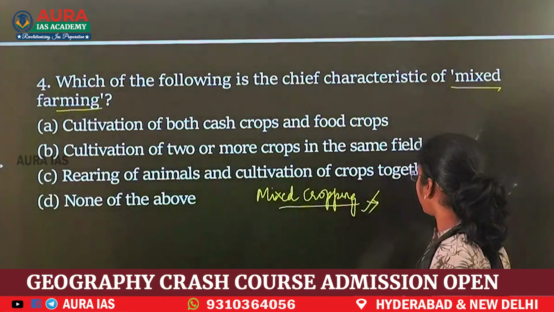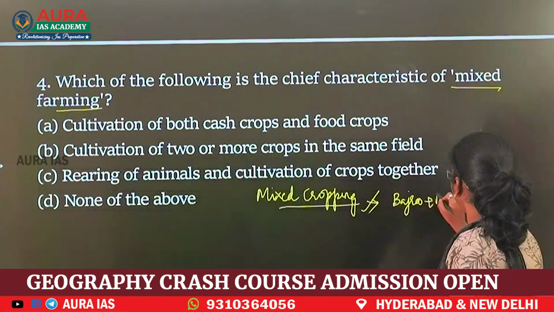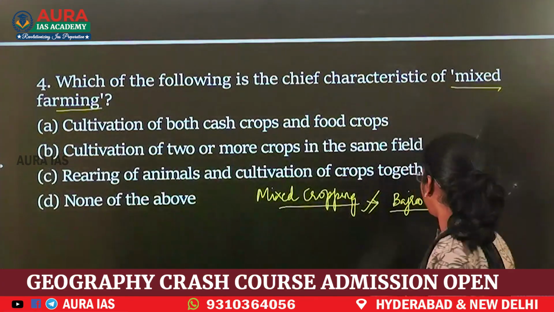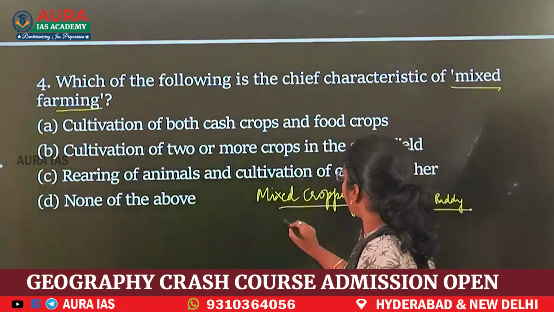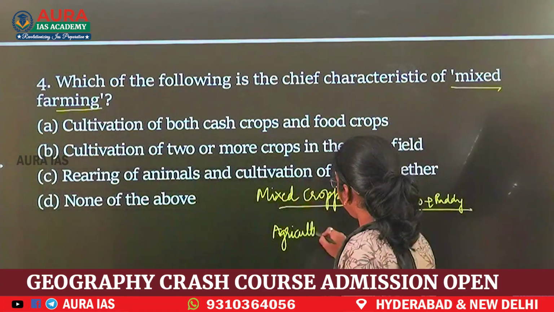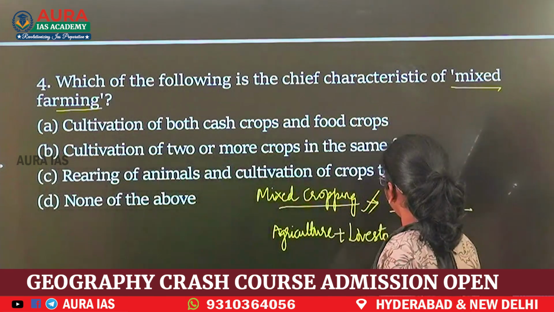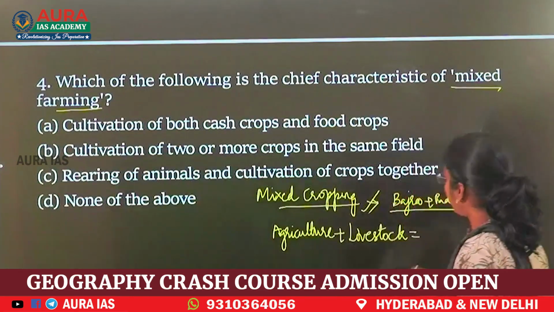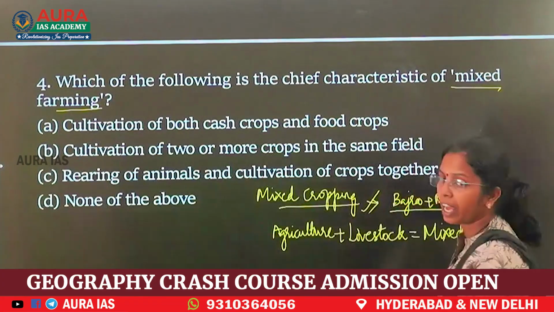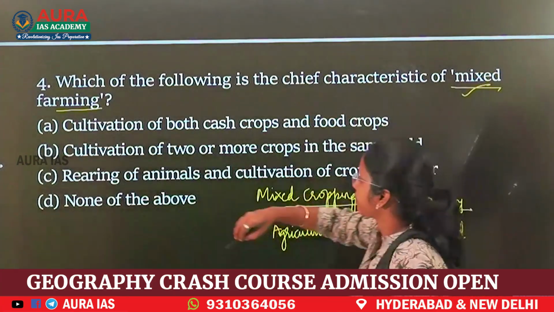That means bajra plus paddy in one same area. Mixed farming means agriculture plus livestock is equal to mixed farming. That means crop is grown, livestock is also raised. That is known as mixed farming.